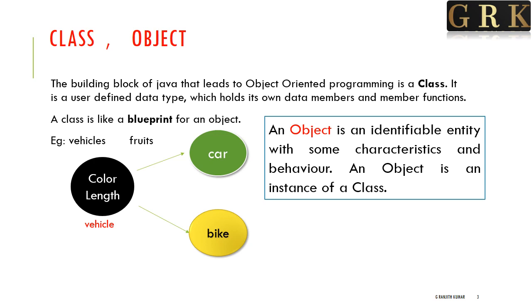That's why we call vehicle a blueprint, because until an object is created, no memory is allocated to the members of the vehicle, and objects are created based on the vehicle only. That's why we define an object as an instance of the class.